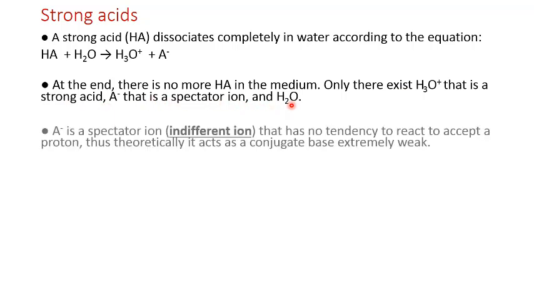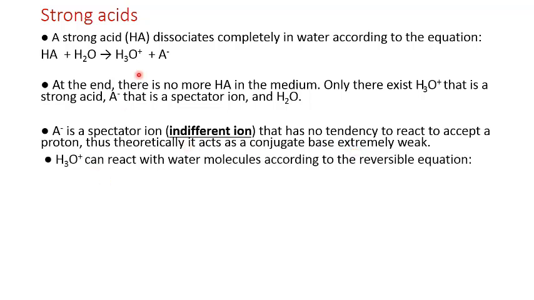Now, A- is a spectator ion, as we said, sometimes called an indifferent ion. It means it has no tendency to react, to accept a proton. Thus, theoretically, it acts as an extremely weak conjugate base. H3O+ can react with a water molecule according to the reversible equation, but only to a very small extent.